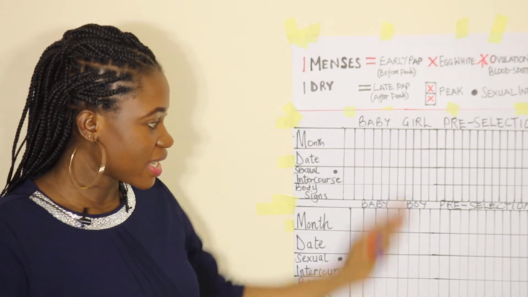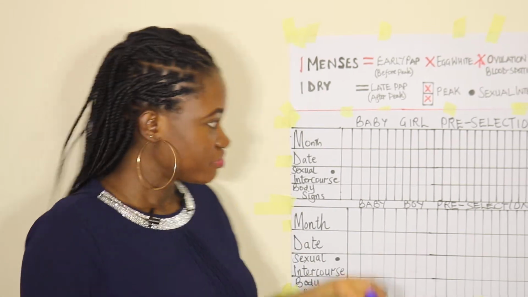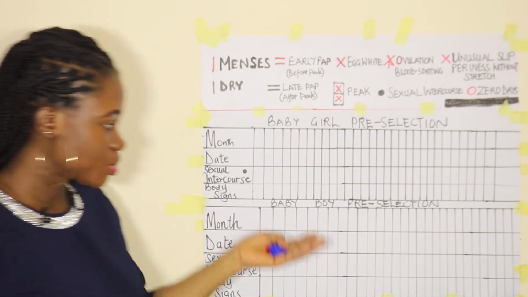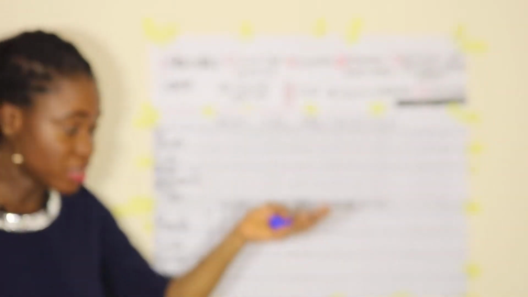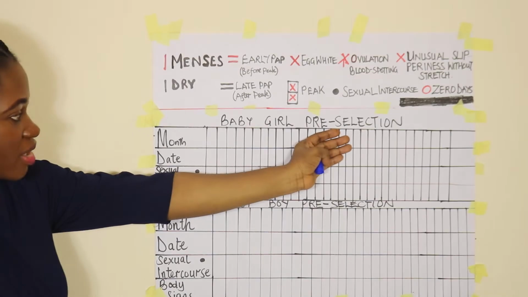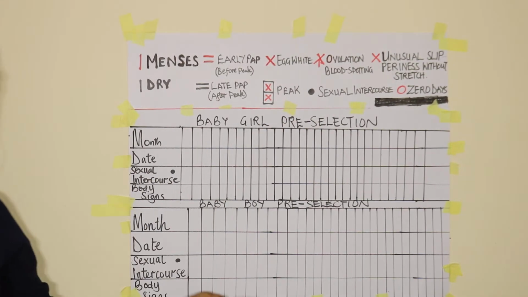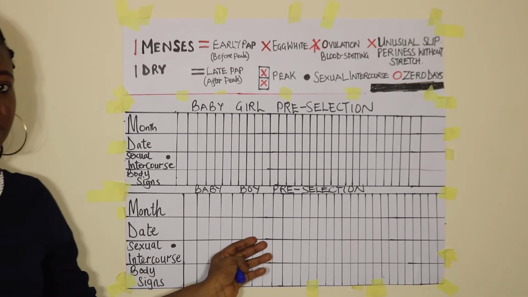But these two ladies here: this particular lady has a baby boy, she wants a girl. And this particular lady has a baby girl, she wants a boy. So now we are going to help the first lady get a baby girl, and we'll help the last lady to get a baby boy.